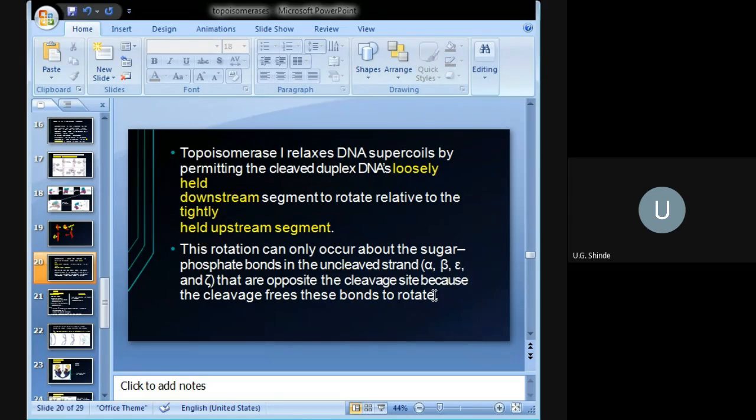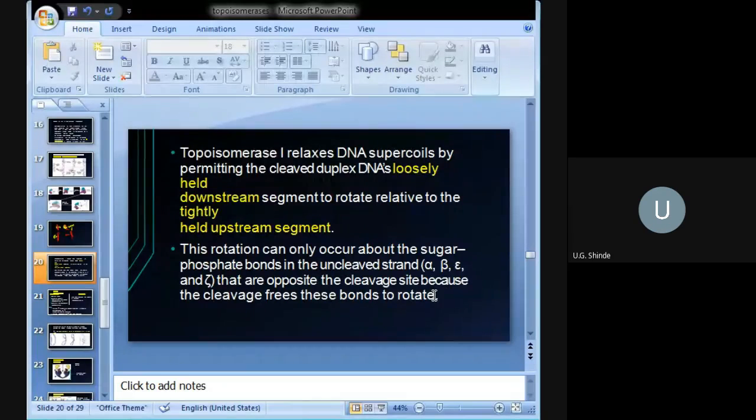And now this rotation can only occur about the sugar phosphate bond. As we know that the sugar and phosphate, तो 5 prime end पर जो phosphate है of present nucleotide, and upcoming का जो 3 prime 1 का जो sugar phosphate bond है, वहां पर जो sugar phosphate bond है in that uncleaved strand of alpha, beta, epsilon and zeta, which are opposite the cleavage site, because the cleavage frees these bonds to rotate.